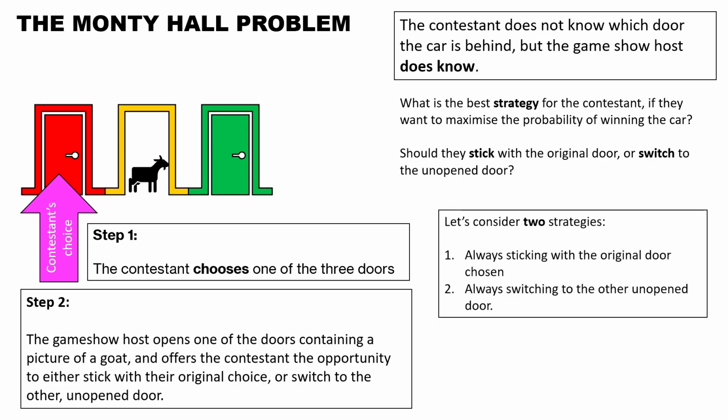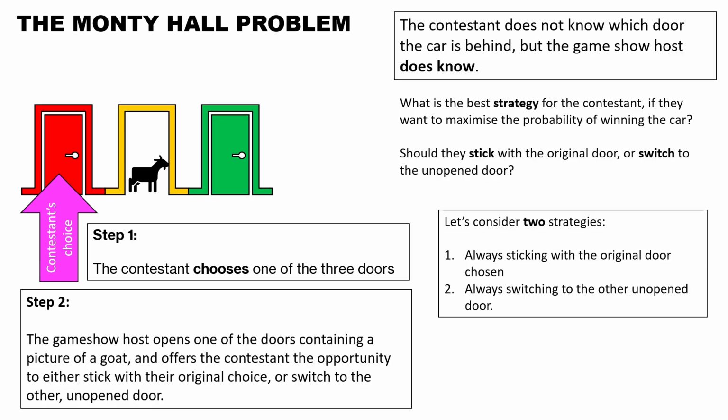The first strategy that we'll consider is where the contestant always sticks with the original door chosen, and the second strategy is always to switch to the unopened door, and we'll try and calculate the probability of winning based on each of these strategies. So let's begin with the first strategy, always sticking with the original door chosen.